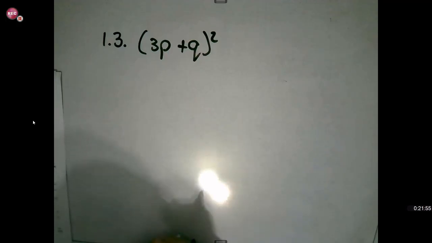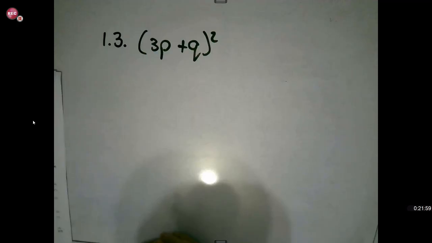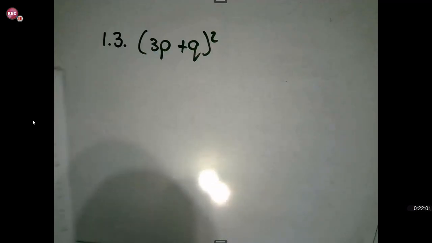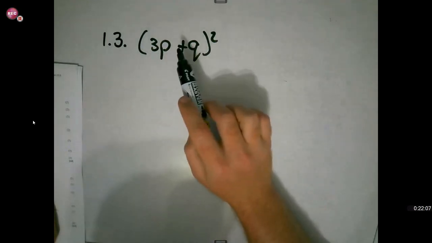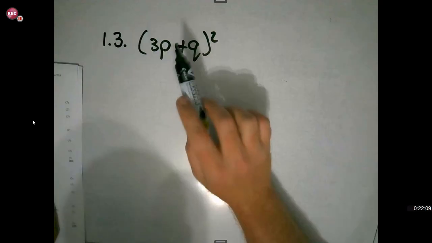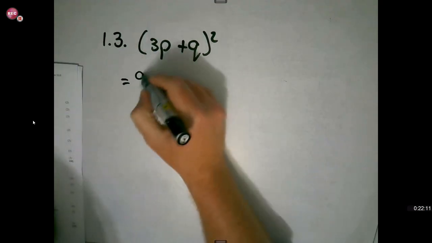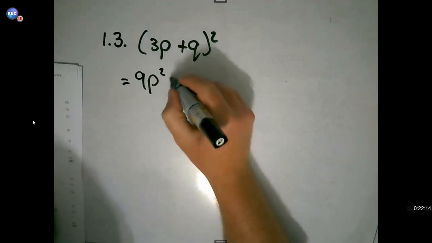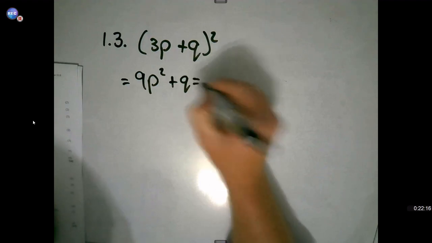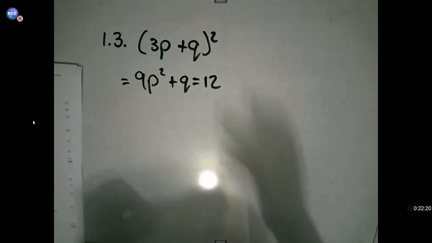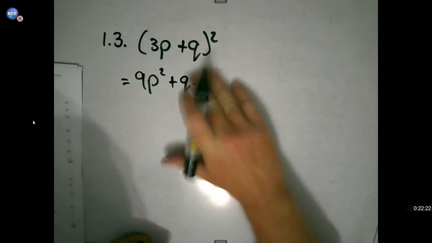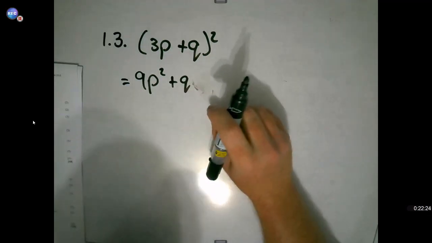First things first that you need to pick up is that the expression given to you here is equal to the following. 9p squared plus q squared equals 12. Well, not 12 in this case, but we'll modify it.